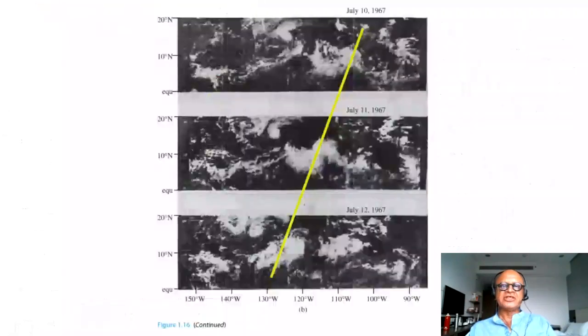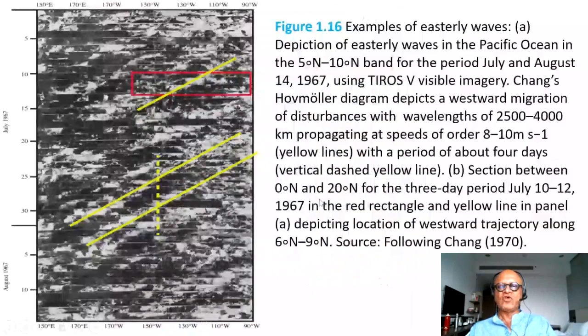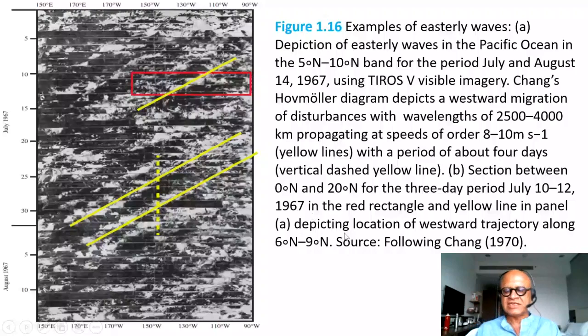And then there is another section shown here going at different latitude from 0 to 20 degree north for the 3-day period of July 10 to 12 in 1967. Okay, so this is just examples of waves, a rich spectrum of waves in fact in the tropical atmosphere.